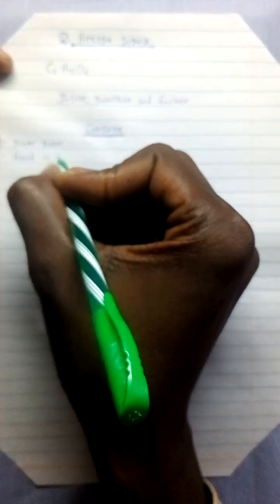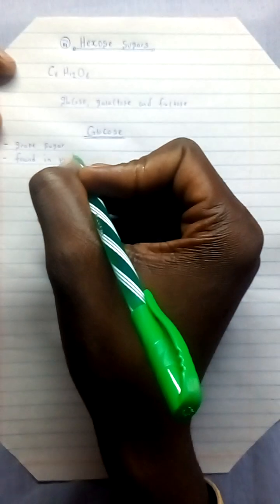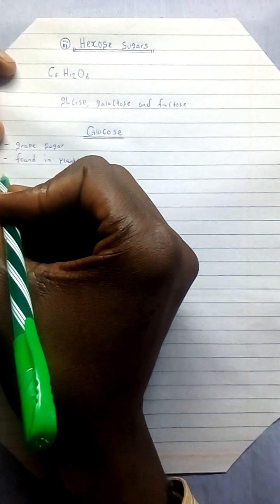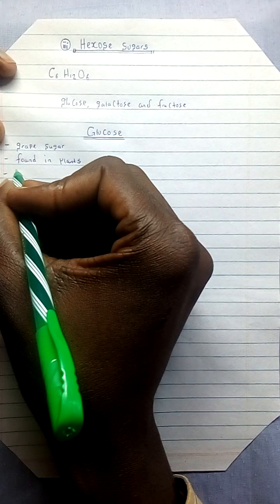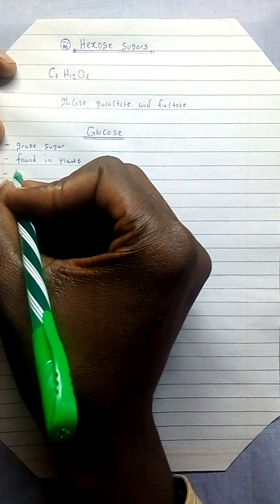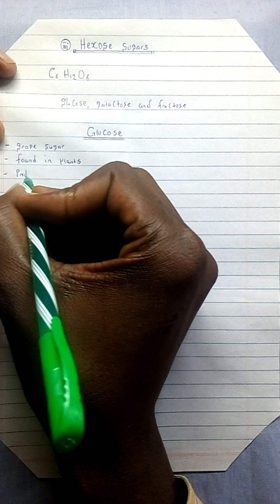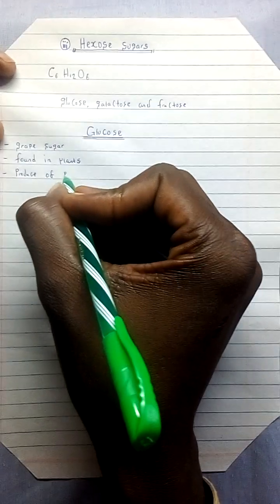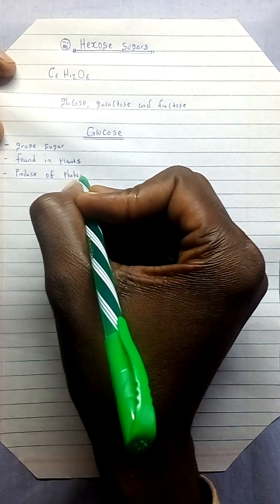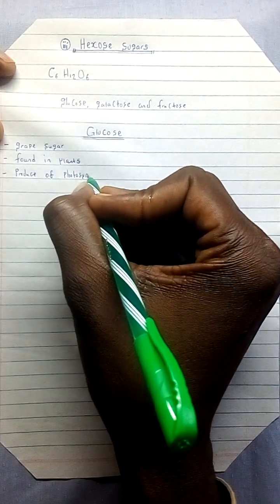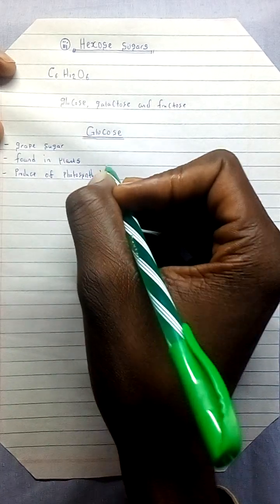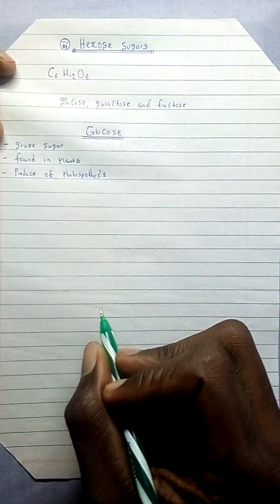This glucose is simply a product of photosynthesis. You need to take note of these, guys. Glucose is an important product of photosynthesis.